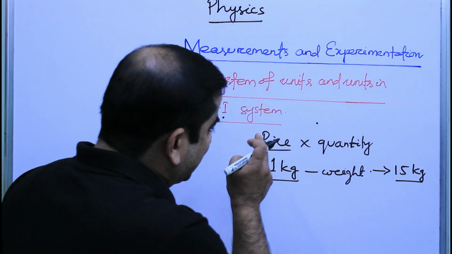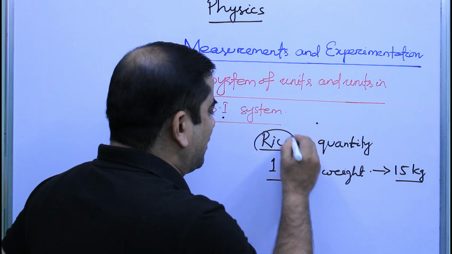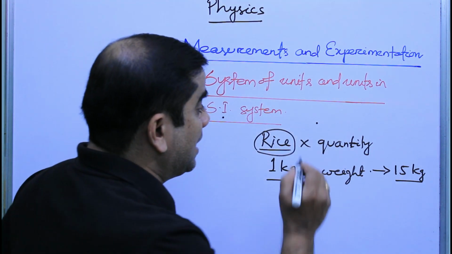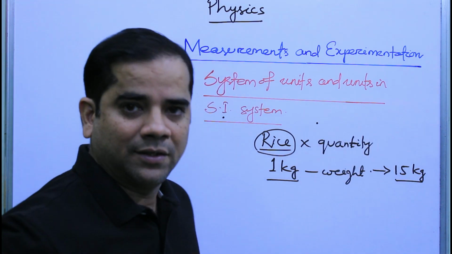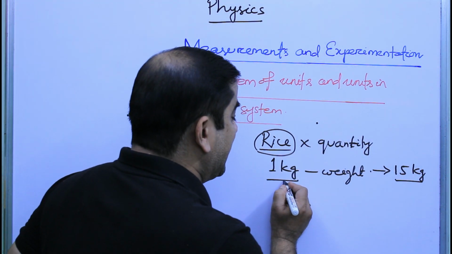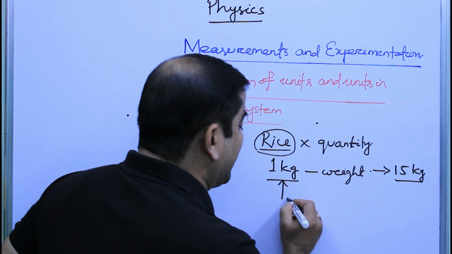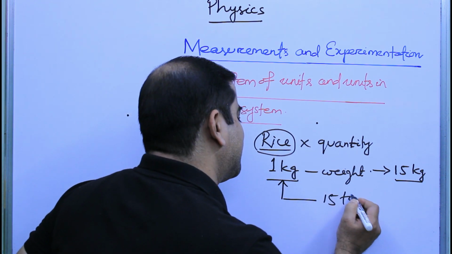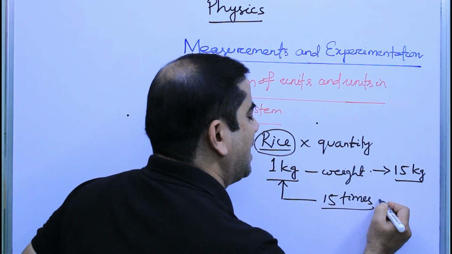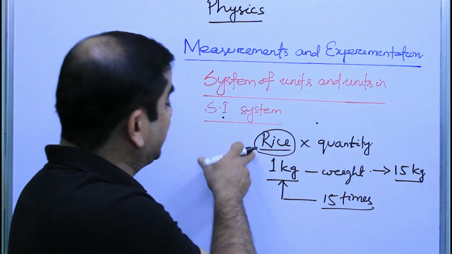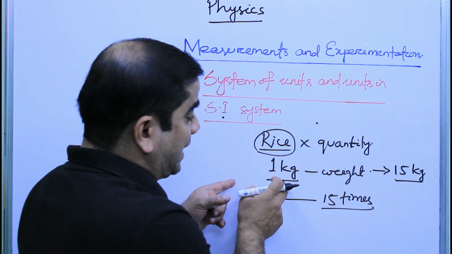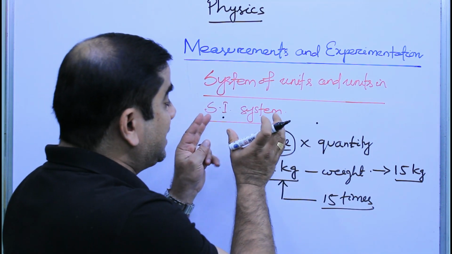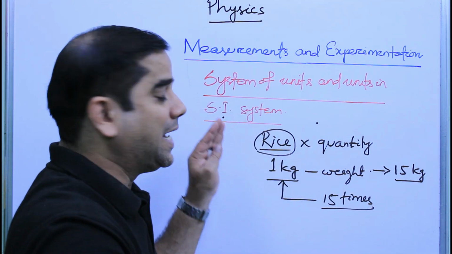So the 1 kg is contained 15 times in my physical quantity, that is rice in this case.